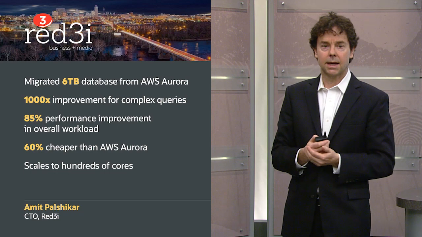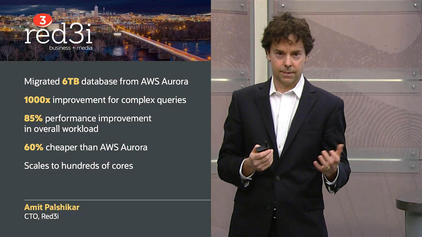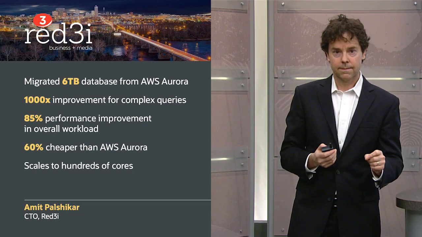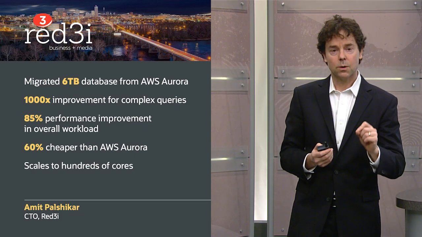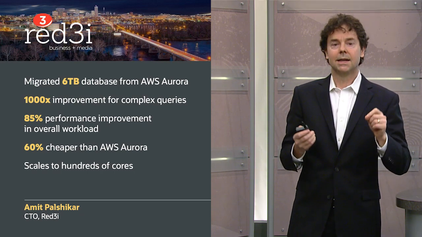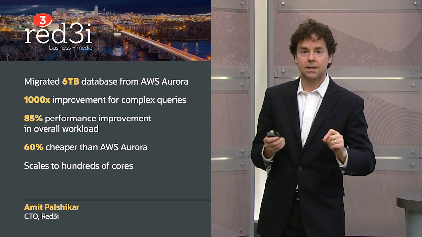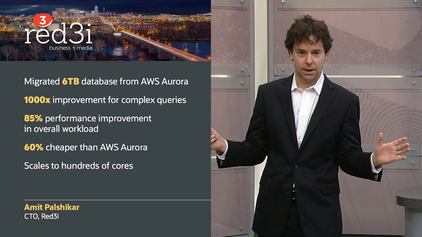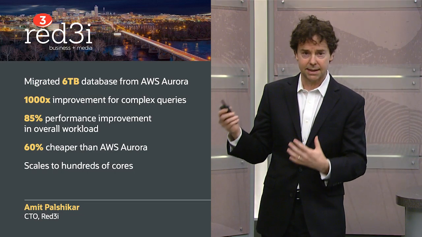Red3i is a digital marketing company. They migrated a 6 terabyte database from AWS Aurora. They achieved a 1,000 times improvement for some of their complex queries. Now, these are not artificial benchmark queries, and not queries that we created for them to test.